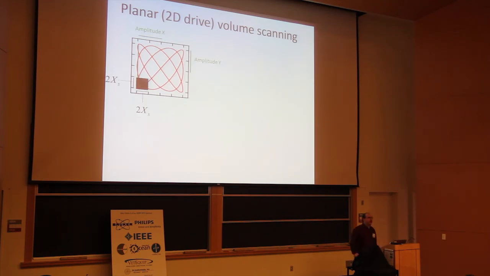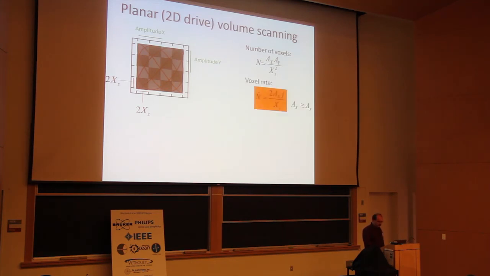So, again, we can do the math. We need 2xs to encode a voxel, and now we encode the plane in some fancy manner. And it's quite easy to compute the number of voxels in one plane. Just two amplitudes multiplied and this divided by the square of xs.